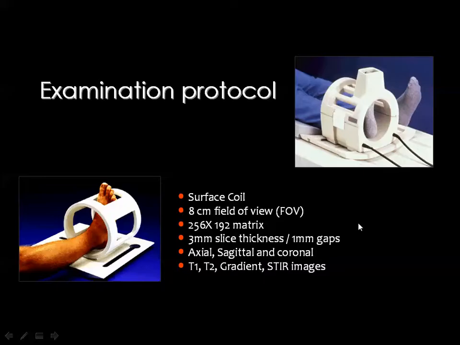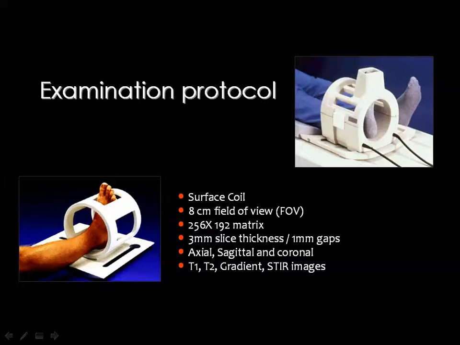If you enlarge the field of view, the images will be very small. If you reduce the field of view, you may miss some of the anatomy and pathology in the images.